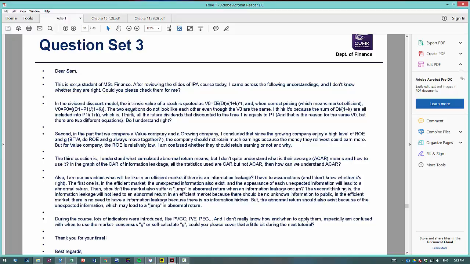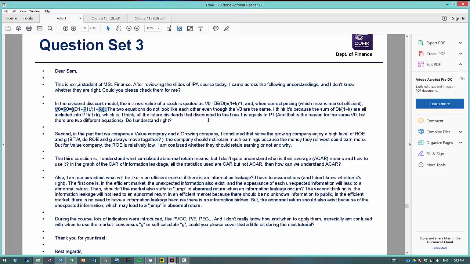In the dividend discount model, the intrinsic value of a stock is quoted as the summation of all its future dividends discounted back different periods with different discounting frequencies or discounting periods, and it's also represented in this manner. Okay, and it looks like the two equations do not look like each other, even though we know they are the same.